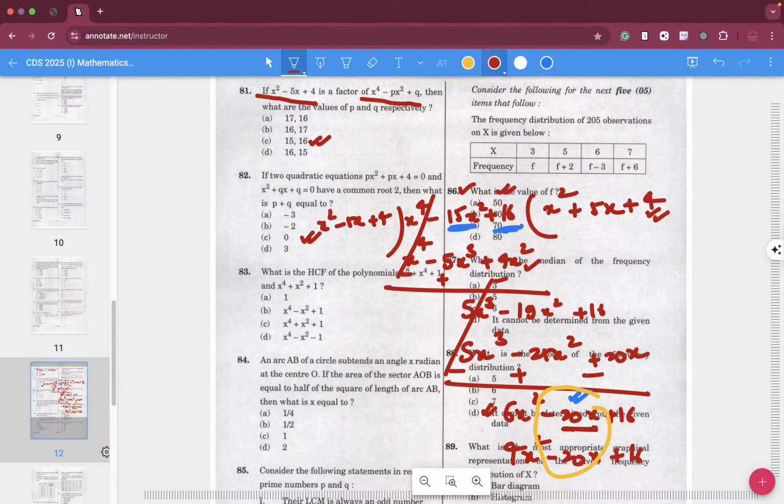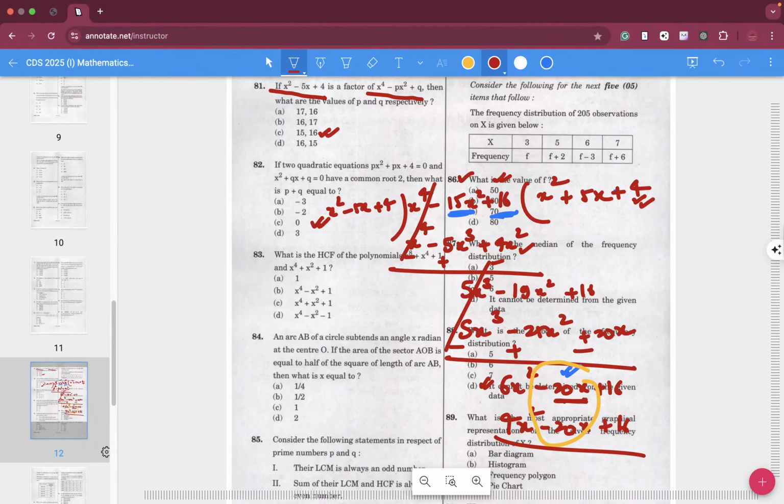Now what we have left over here, question number 81, down below you are left with 2x square, and we are not left with anything else. What exactly it means is that at this particular point we are supposed to have 4x square.